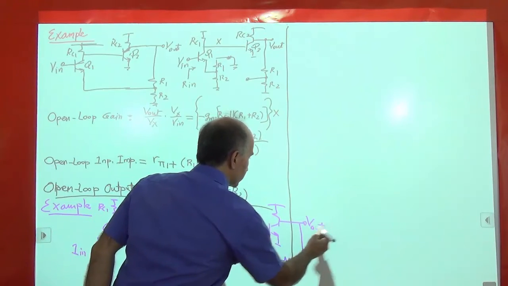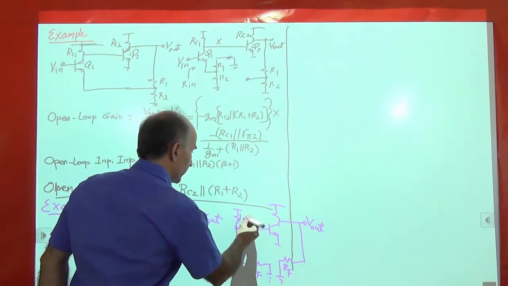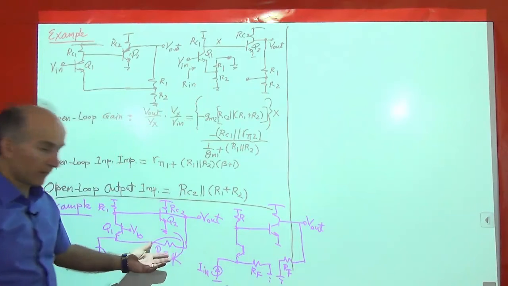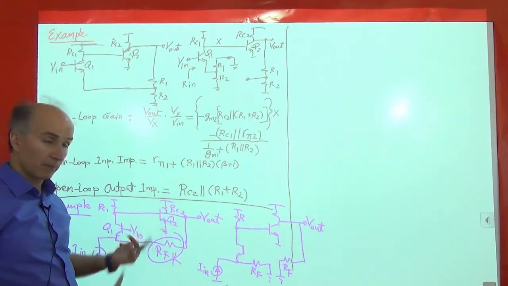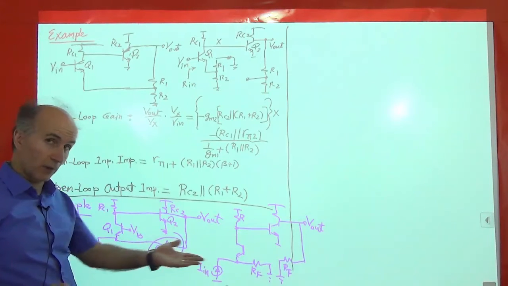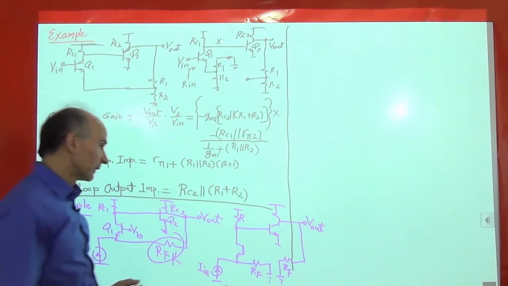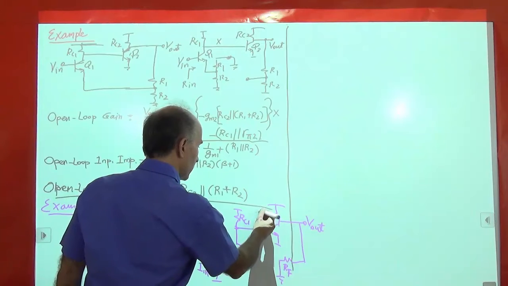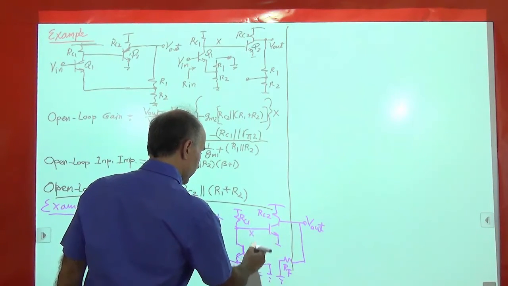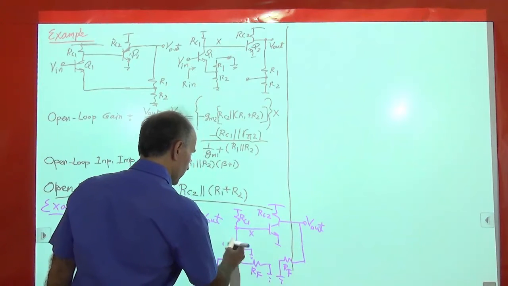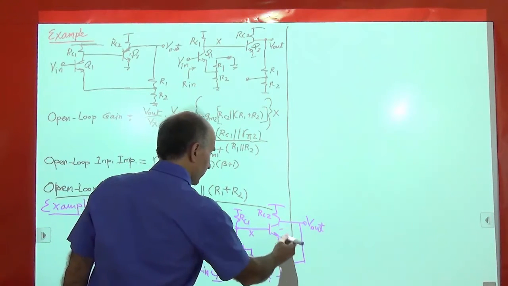In this case, I don't have to assume that RF is very large or very small or anything. I don't have to assume RF, for example, is much larger than RC2, right? It's there, I can just include it. So this is RC1, this is RC2, and we call this node X. The base of Q1 is AC grounded, and this is Q2.